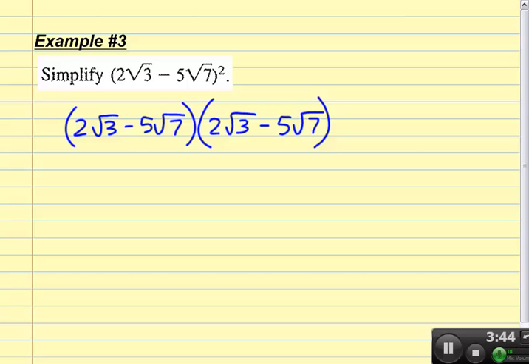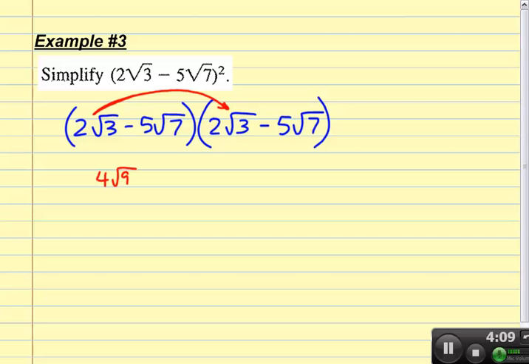Okay? So, 2 root 3 times 2 root 3, well, I multiply the 2's, that gives me 4. And then root 3 times root 3 is just 3. So now it's 4 times 3. Okay? Or better yet, let's not even do that. 2 times 2 is 4, and then root 3 times root 3 is root 9. We'll get to that in just a minute.